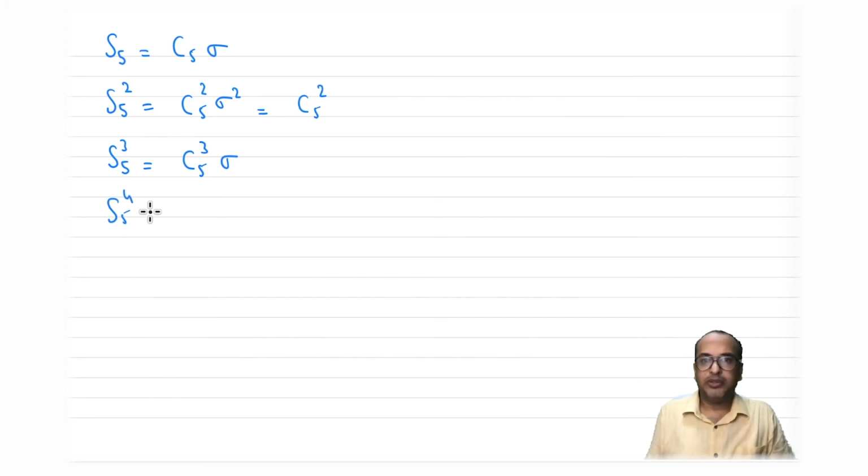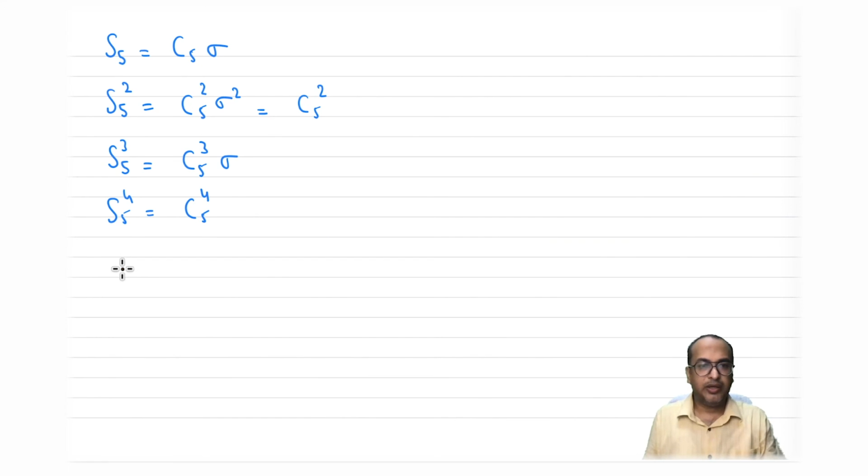S5 done 4 times is equal to C5 done 4 times, since sigma to the power 4 is equal to E. S5 to the power 5 is C5 to the power 5 and sigma to the power 5, which is E and sigma. All of these operations are non-redundant so far.